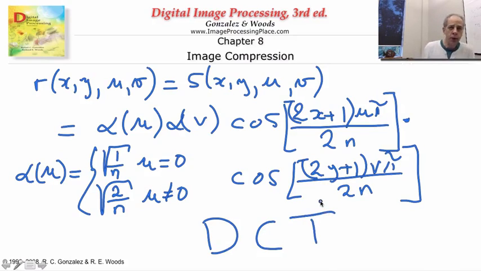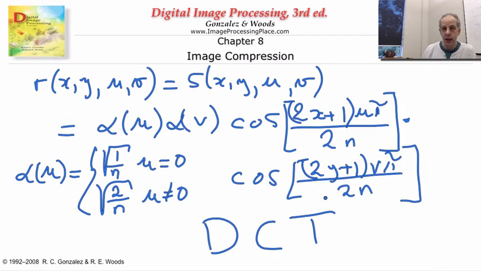Those that are familiar with Fourier, this is basically the real part of a Fourier transform. It's almost that. So once again, the forward transform and the backwards transform are exactly the same formulas. Very nice, because you need to build one piece of software or one piece of hardware to do both the forward and the backward. And then it's just a cosine transform. Okay, so it's the cosine here and the cosine here, and these are just normalization coefficients. This is the discrete cosine transform.